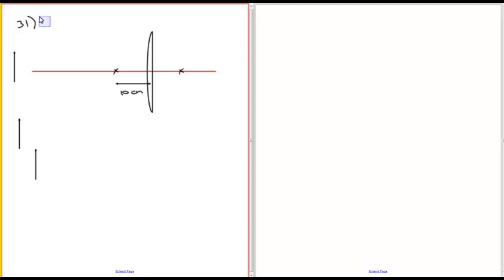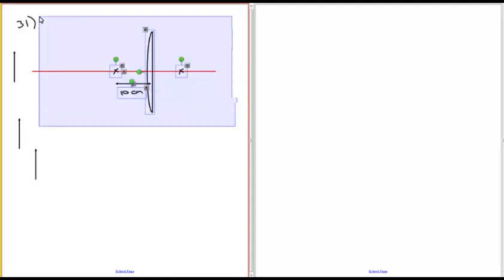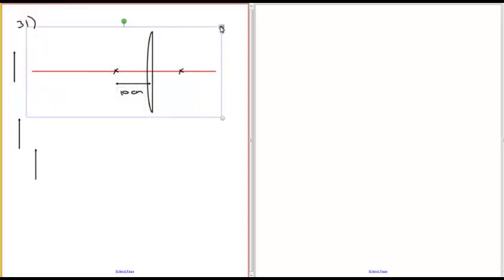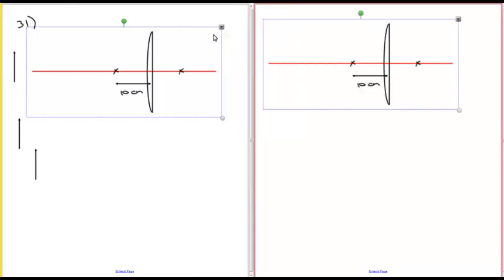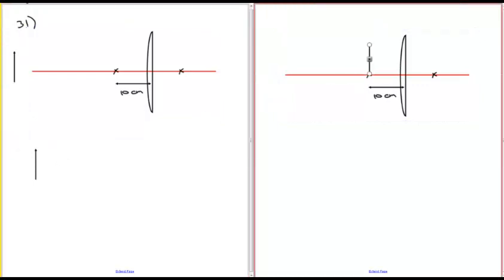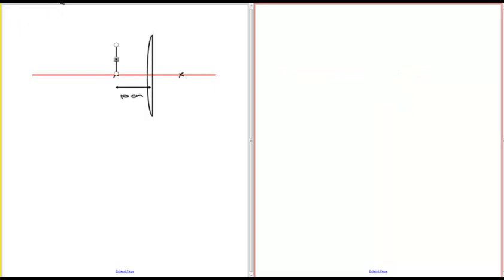I'm just going to group them all together, and then copy and paste. Okay, so that's one. Now let me bring one of my arrows over here. We'll have the third page. Let's paste that.